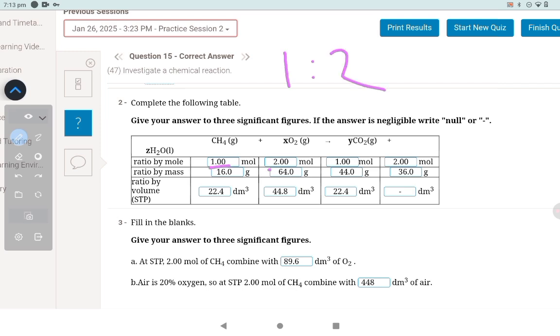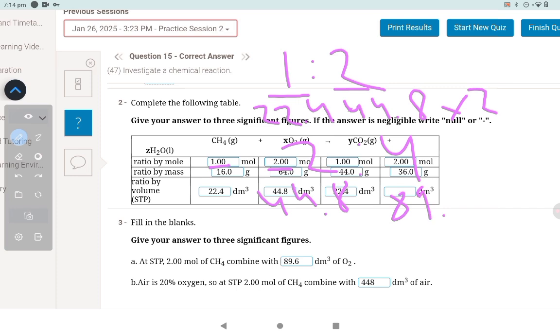At STP we have the volume, which is 22.4, so here it's going to be 44.8, but that is for 1 mole of CH4, which requires 2 moles of oxygen. They want 2 moles of CH4, which will give us 4 moles of oxygen. So that's 44.8 on this side, and this one multiplied by 2, which is 89.6. Yes, most common ratio.